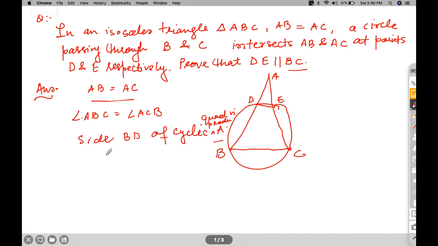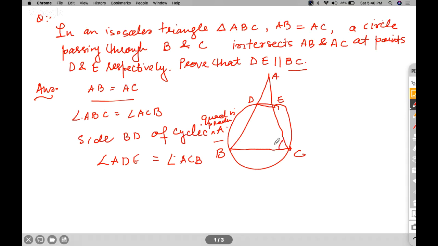This is the case. So angle ADE is equal to angle ACB. Why?